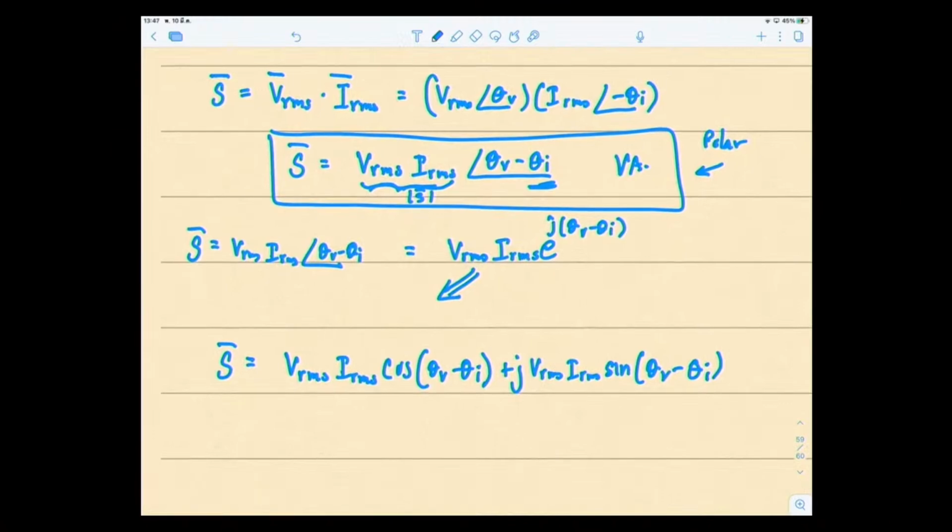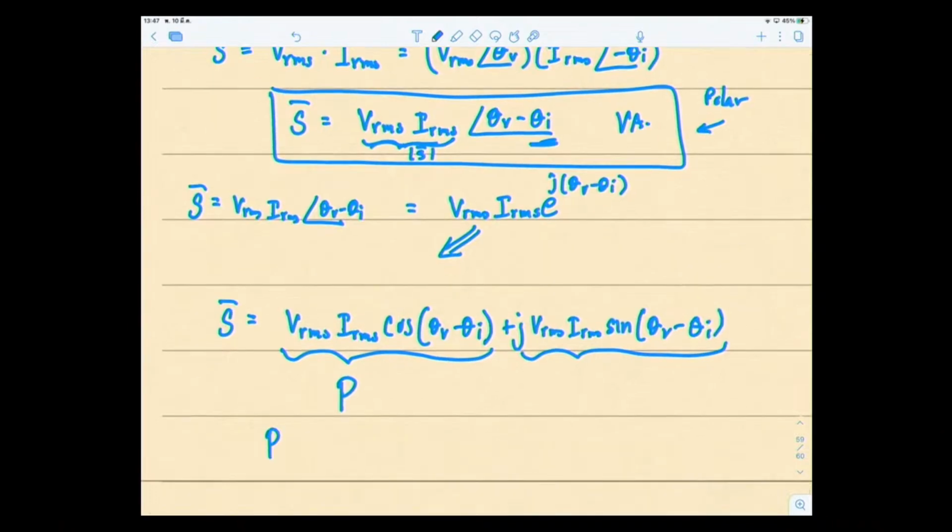Does this look familiar? Vrms Irms cos(theta V minus theta I) is the real part of the complex number, and it's nothing but P, your average power, or true power, or real power. And the unit is what? Then you have this extra one here, the imaginary part. So P, the average power, is the real part of the complex power.